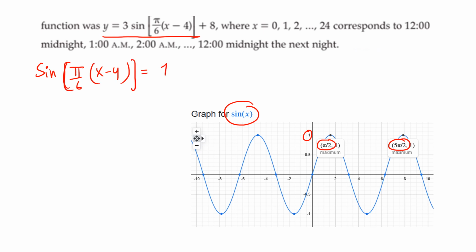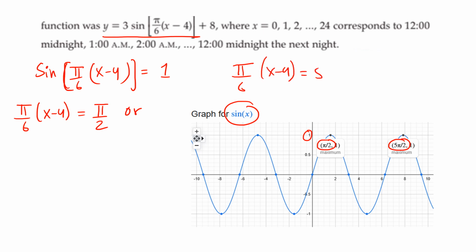So this has to be 1. That means I can write my pi/6 times (x minus 4) to be either equal to pi by 2, or it should be equal to the second value. So I will write it here, pi/6 times (x minus 4) is 5 pi by 2.